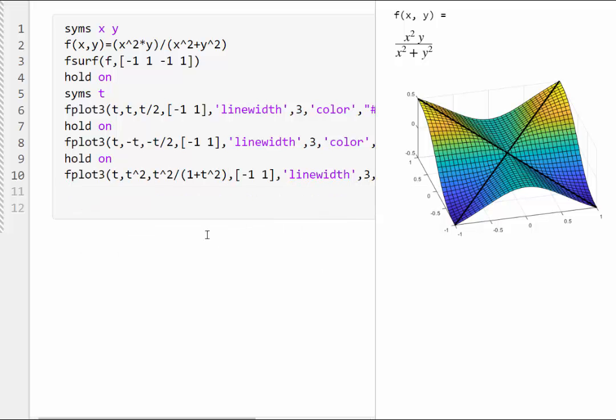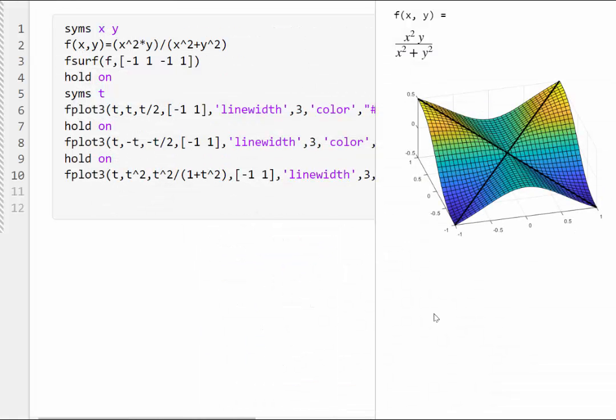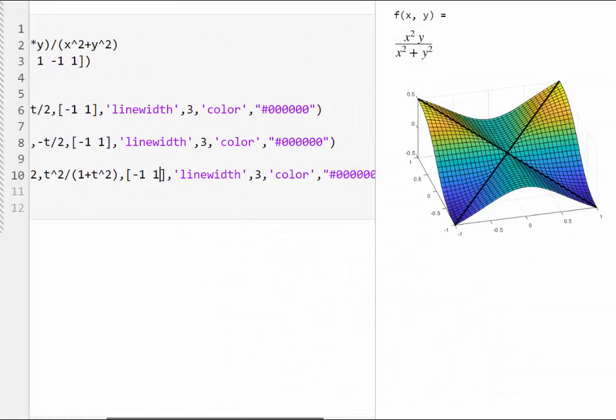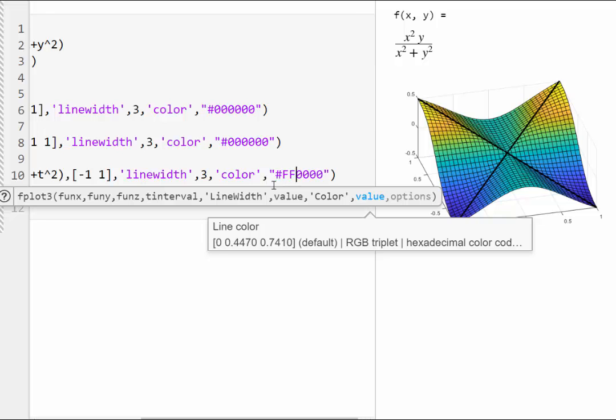Then we can also change the color. One moment. I've got too many things in my head. So this is red.